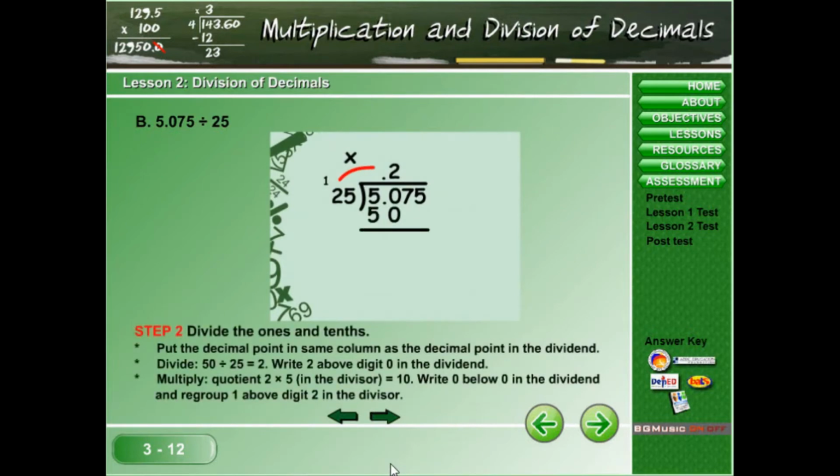Put the decimal point in the same column as the decimal point in the dividend. Divide. 50 divided by 25 equals 2. Write 2 above digit 0 in the dividend. Multiply. Quotient 2 times 5 in the divisor equals 10. Write 0 below 0 in the dividend and regroup 1 above digit 2 in the divisor.